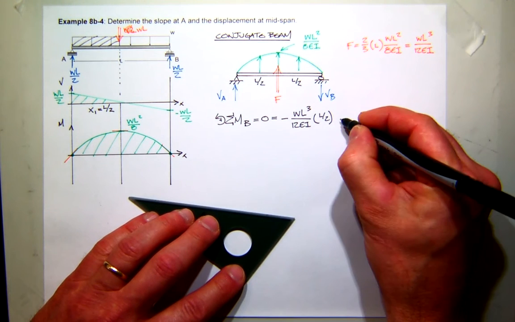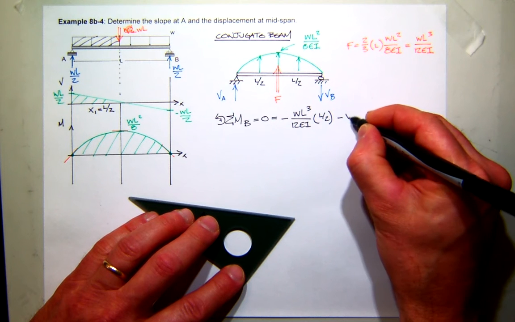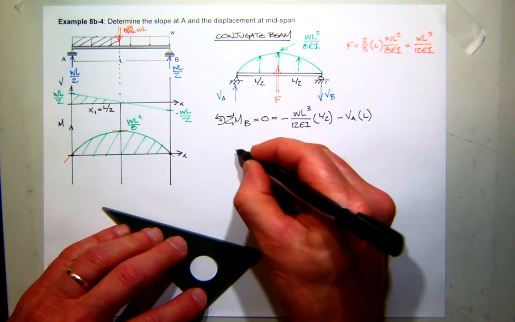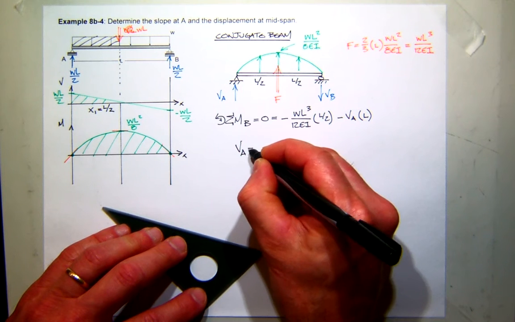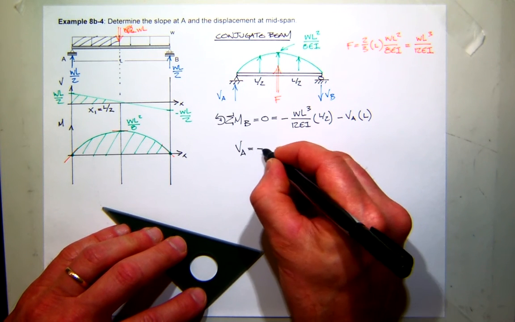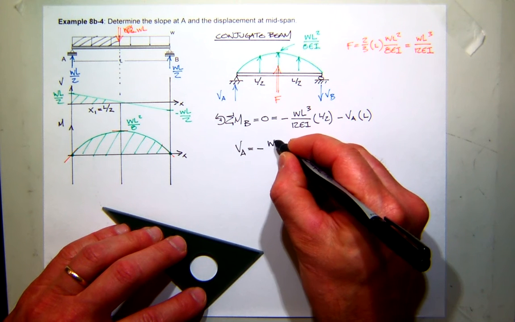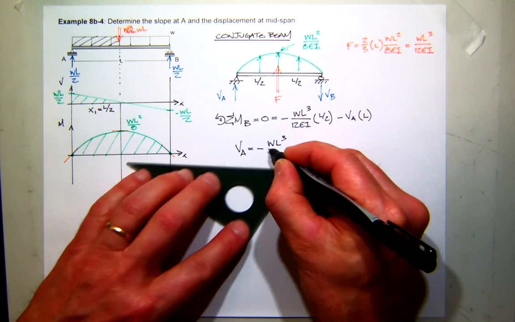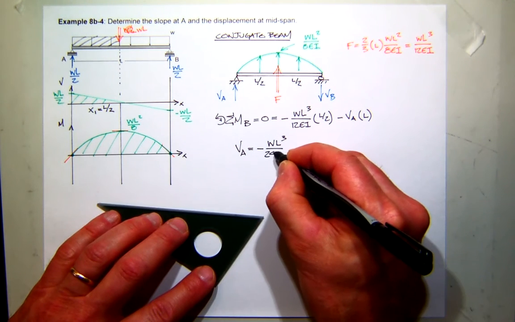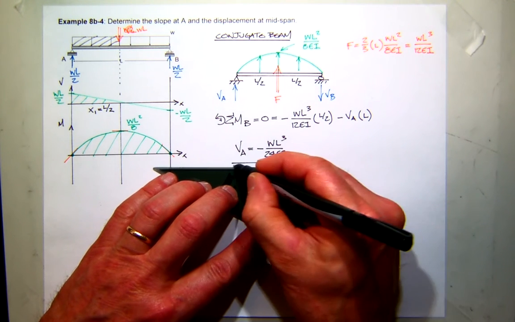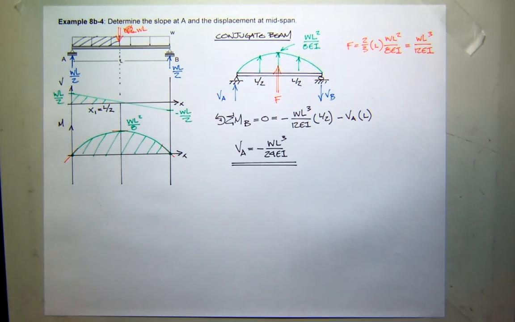Then I've got the shear force also creating negative moment times a moment arm of L. So what is the shear at A? It looks like it's negative. It looks like it's going to be WL cubed over 24 EI. That look okay? Yeah.